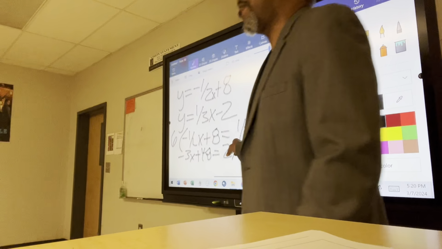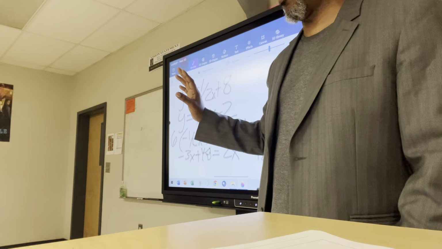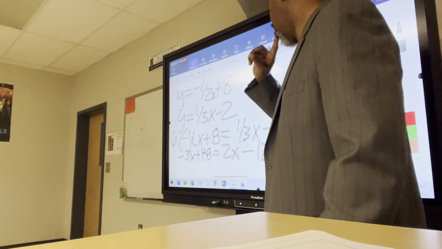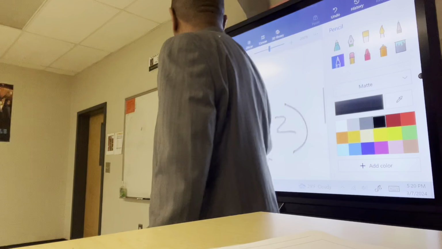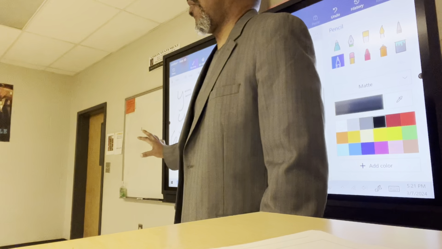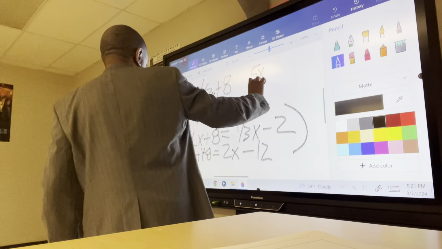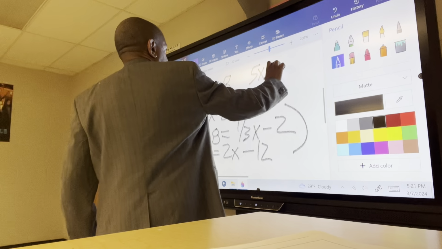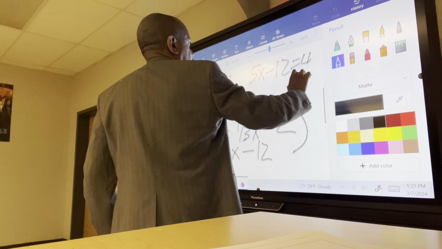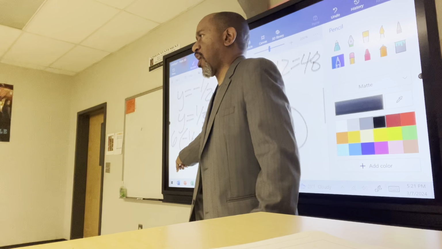So this is the tricky part, because you got to remember your integer rules. Everybody still with me? Okay, now I'll create some space up here. I'm going to add 3x to both sides, because I don't like dealing with too much negative stuff. So when I do that, I have 5x minus 12 equals 48. So all I did was add 3x to both sides to get rid of the negative.